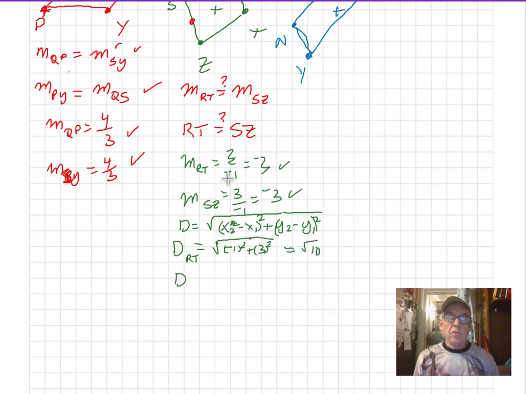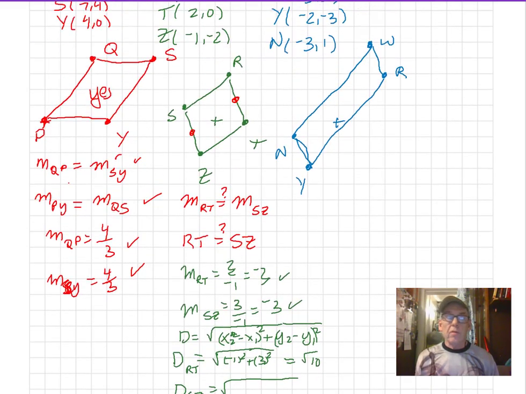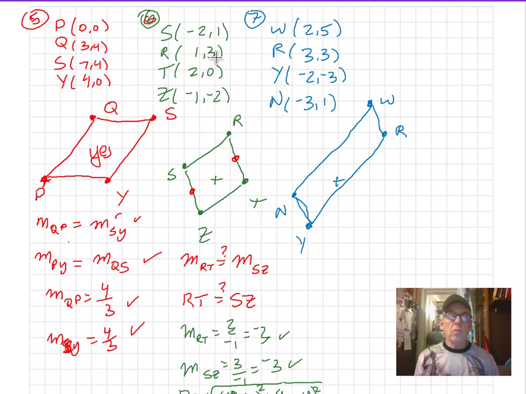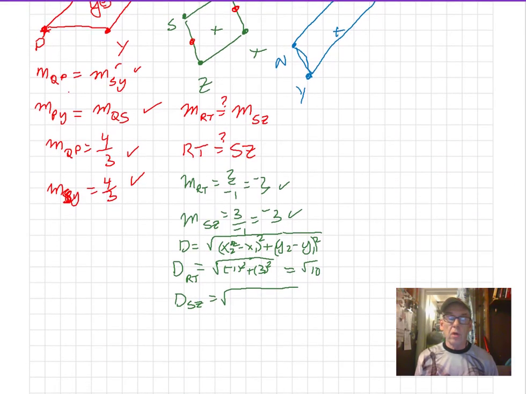And the distance from S to Z is going to be the square root of the difference of the x's squared plus the difference of the y's squared. Going from S to Z, -2 take away -1 is -2 plus 1, which is -1. And 1 take away -2 is 1 plus 2, which is 3. So we have another -1 and a 3.